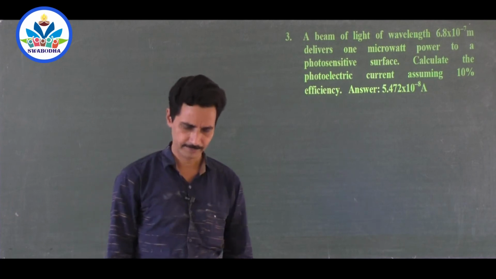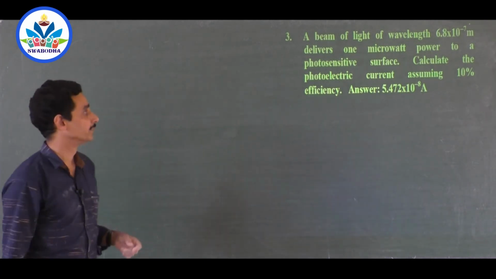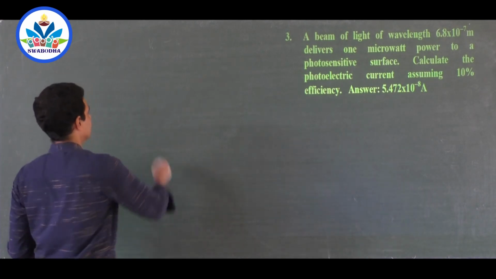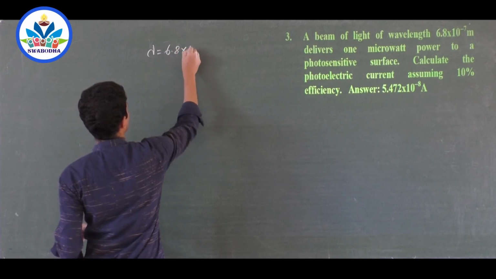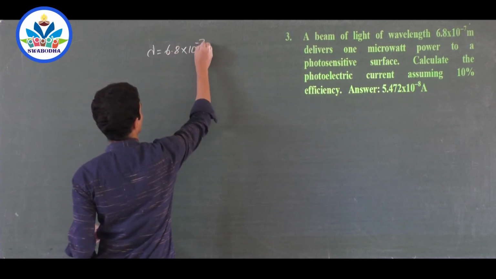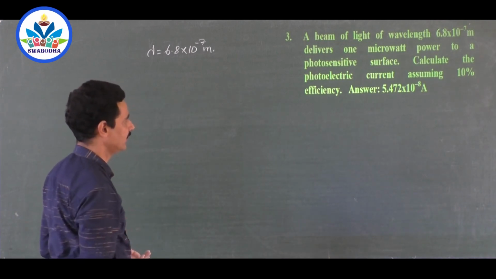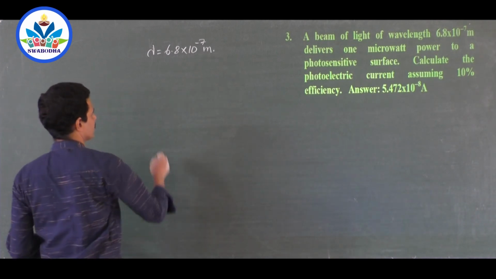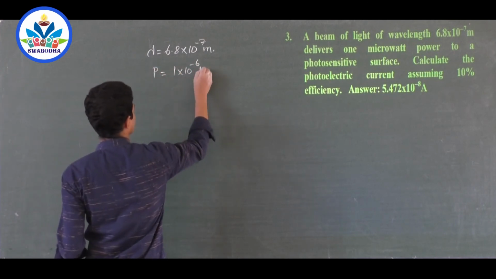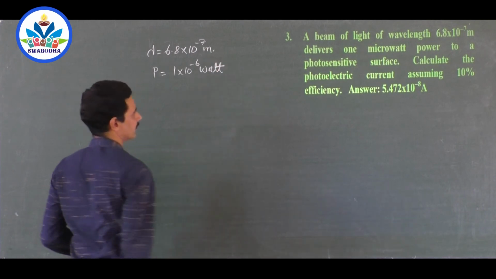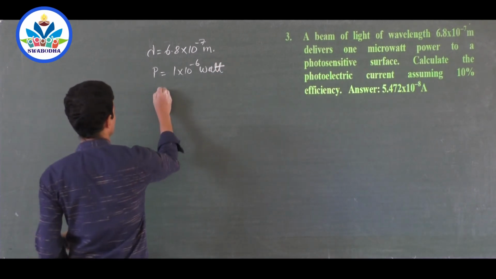Very different problem, has nothing to do with the previous solutions. Lambda is equal to 6.8 into 10 to the power minus 7 meters, and the power is 1 microwatt. Calculate the photoelectric current I.